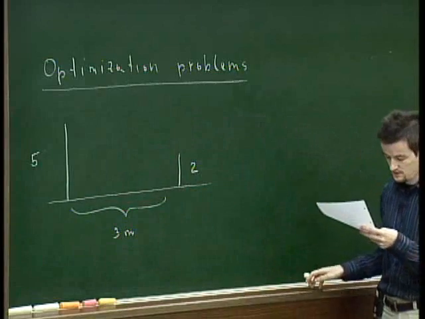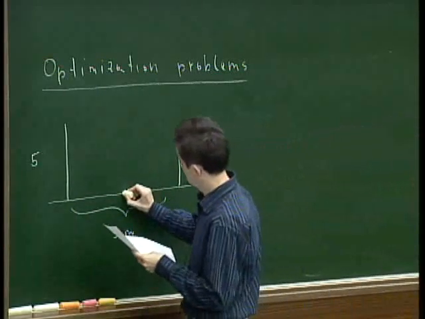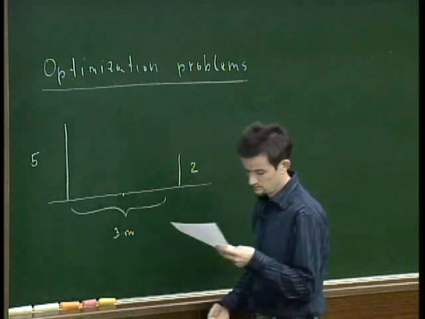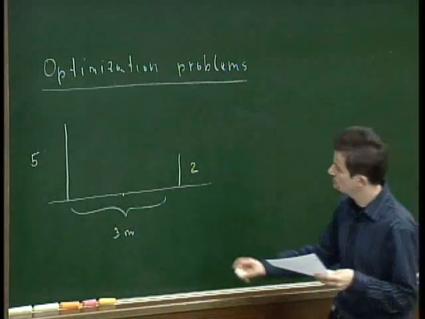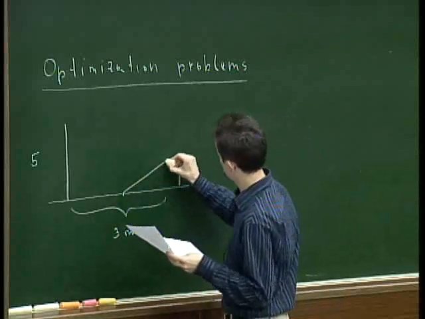Okay, now you have a rope which is fixed to the ground, and the rope is going up to both poles. So let's say this one and this one.